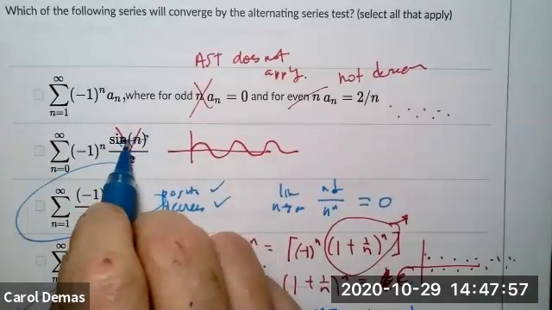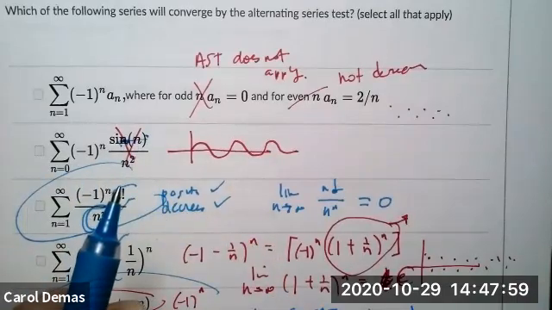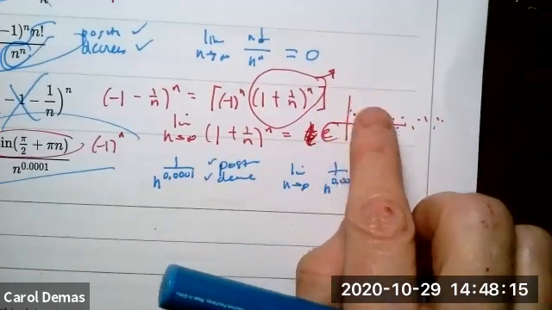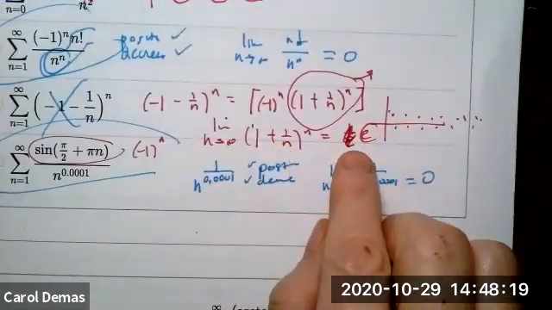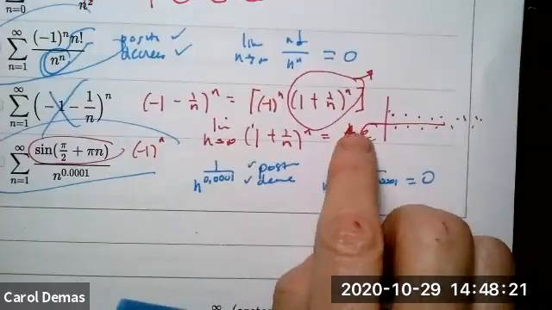Not a trig function. And the reason why the -1 times 1 minus 1 over n to the n doesn't work is that it's alternating but not decreasing. It's decreasing and increasing and decreasing and increasing. And also the limit is not ever going to go to 0. True. Okay, thank you.